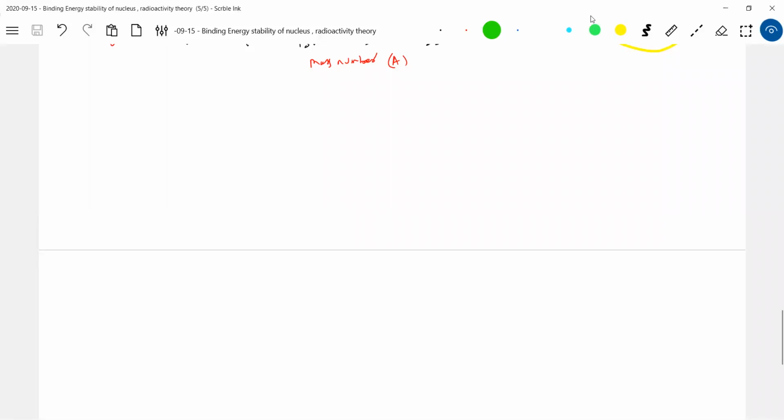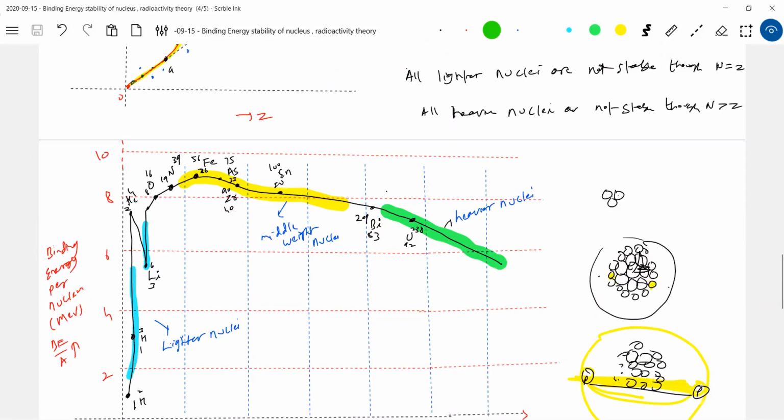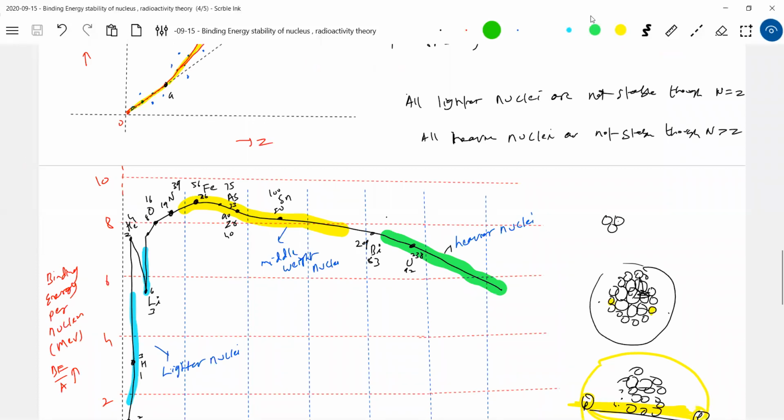The nucleus will be stable if the nuclear force and the electrostatic force somehow act in such a way that they get balanced. That's what happens in the case of middleweight nuclei. What happens in heavier nuclei? The long-range electrostatic force will dominate over the nuclear force. Same thing here also, the electrostatic force is able to dominate the nuclear force. Because of that, they're unstable. Where the nuclear force and the electrostatic repulsive force are able to balance each other, it will be stable.